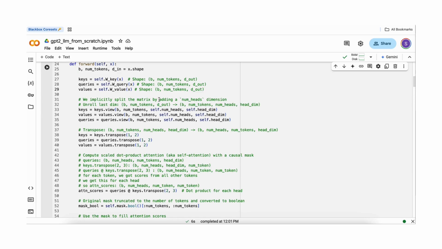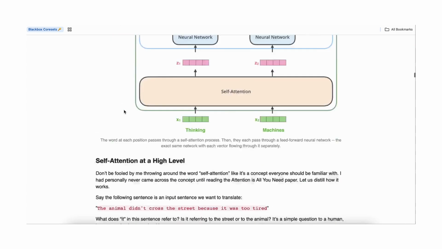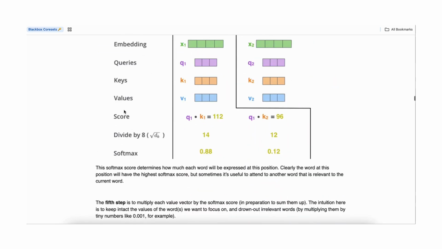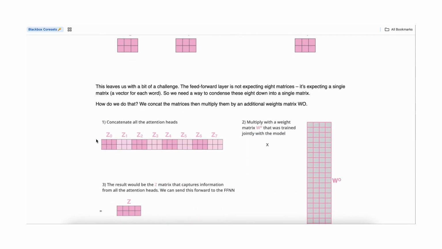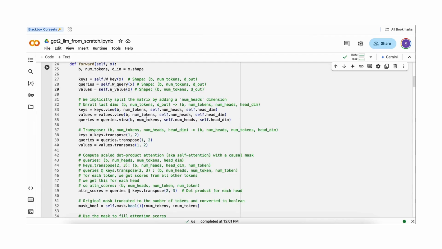Okay. So now we want to do a bit of a trick, and this is something that took me a while to get: we want to get all these multiple heads. So our D out is 24, for example, here, 8 heads multiplied by 3. Now we want to split it into 8 and 3.